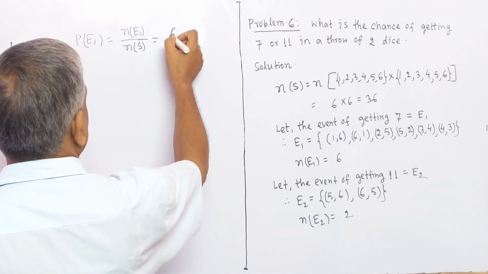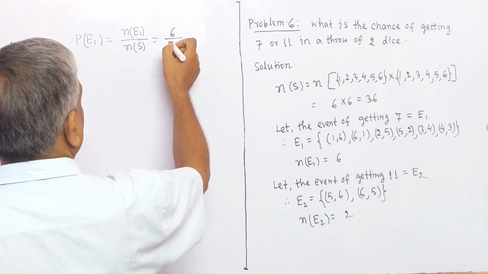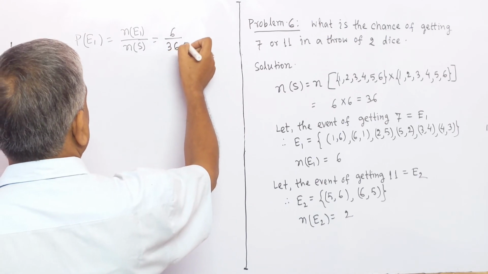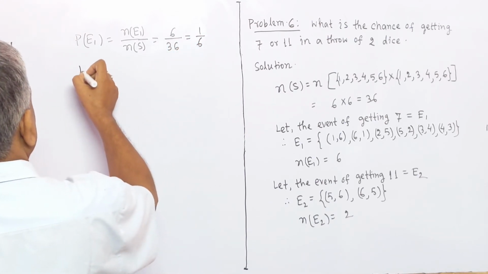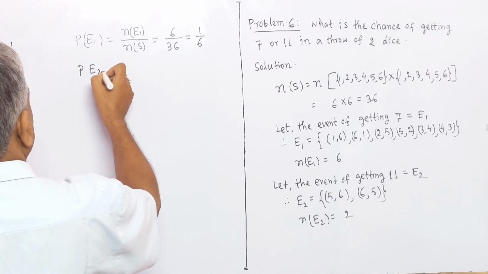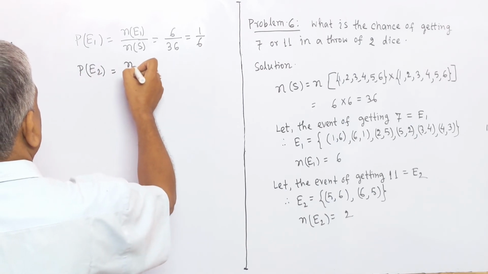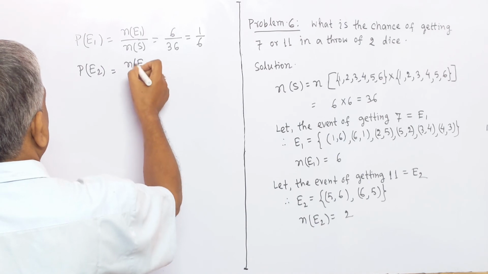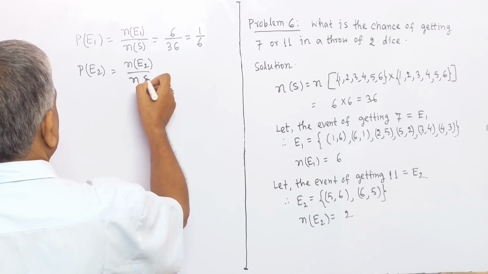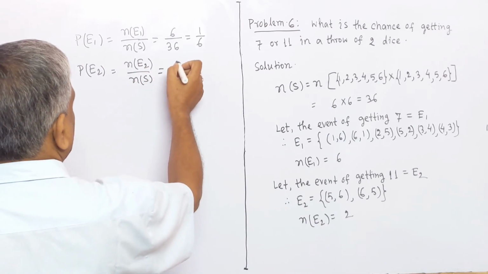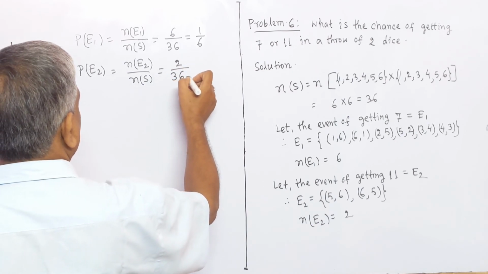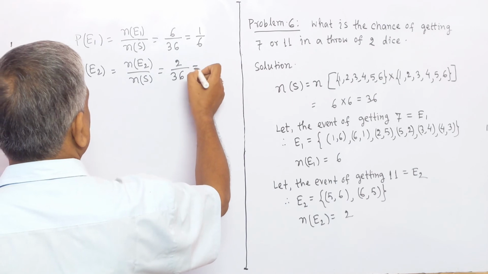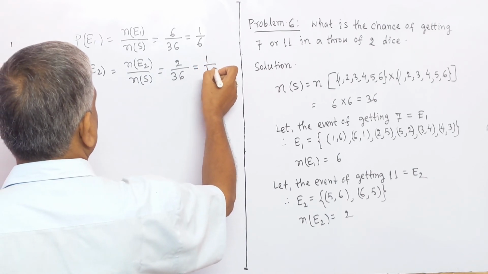N(E1) is 6 by 36, means 1 by 6. P(E2) is equal to N(E2) by N(S). N(E2) is 2 by 36, and this is equal to 1 by 18.